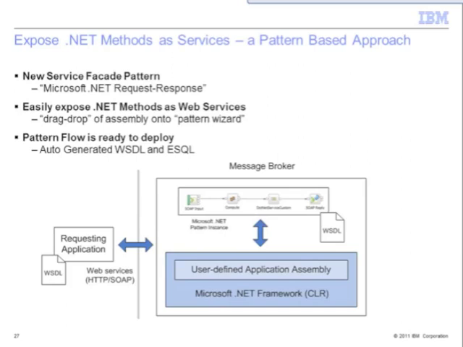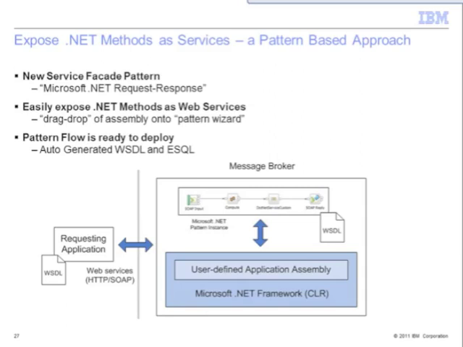What that allows you to do is drag and drop an assembly onto the Message Broker .NET pattern, and that will pop up a wizard that will allow you to introspect the contents of that assembly, and from there choose the methods that match the expected signatures, so public static methods, for example, with particular data types.